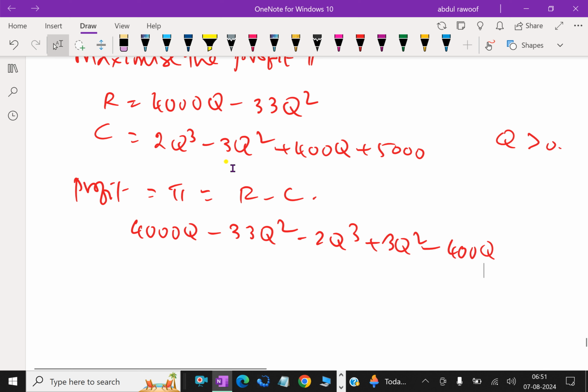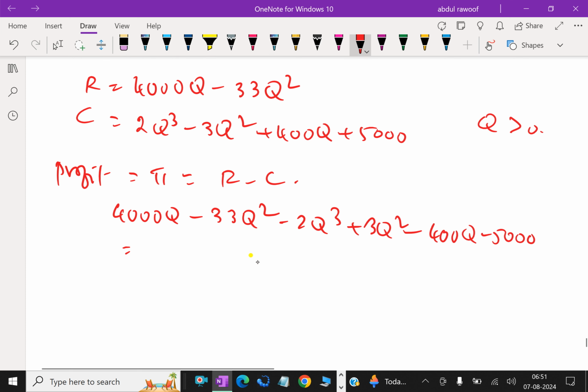Your revenue is 4000q minus 33q square, and the cost function is 2q cube minus 3q square plus 400q plus 5000.